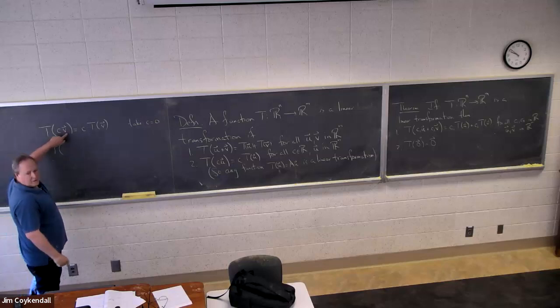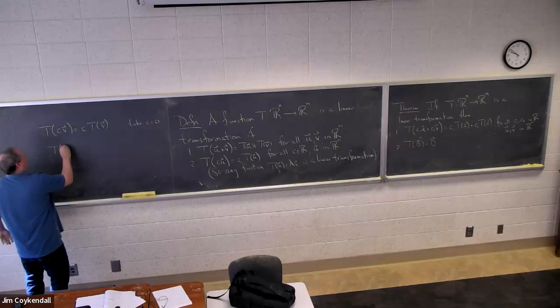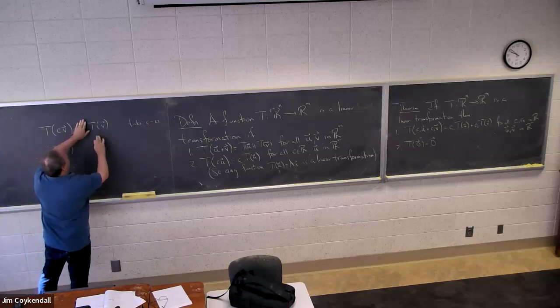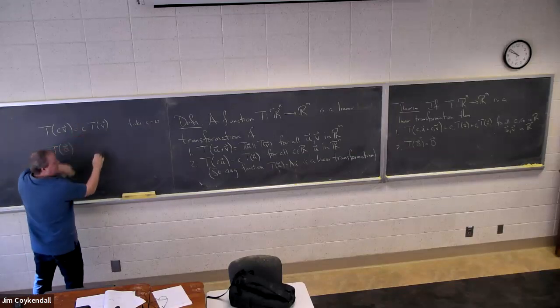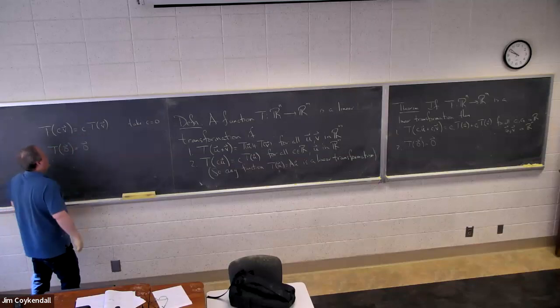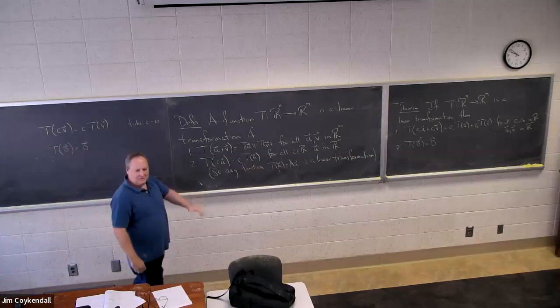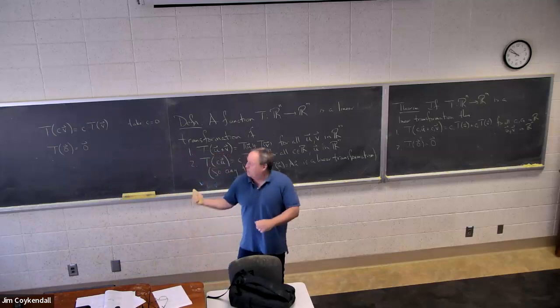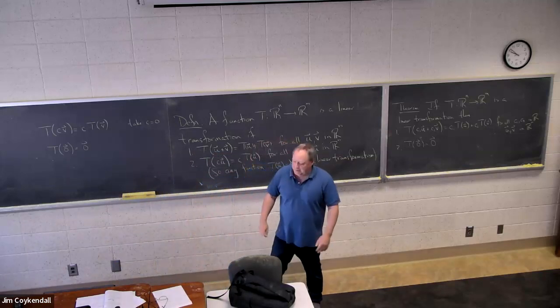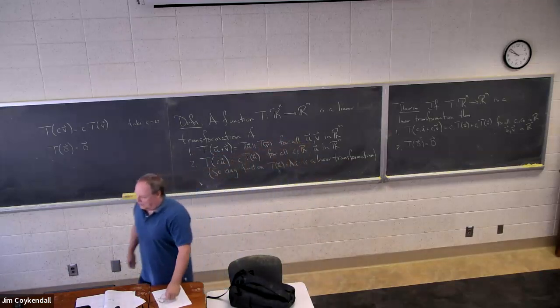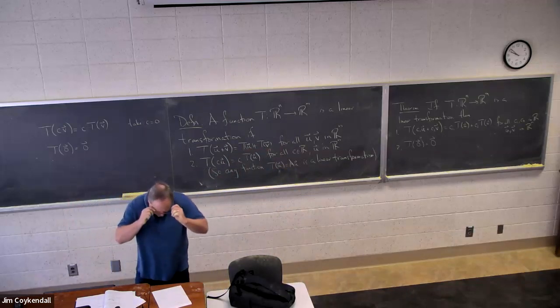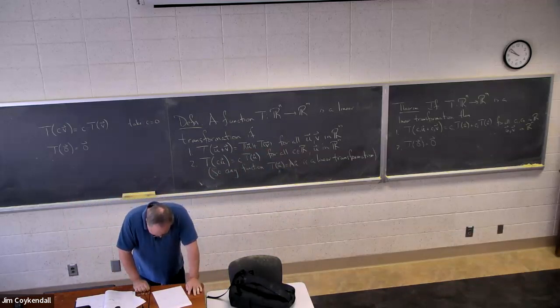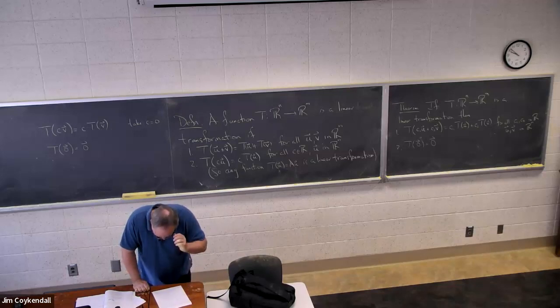If c is 0 here, what's 0 times any vector? It's the zero vector. And here, T(v) is a vector, and c times that vector is the zero vector. I almost feel dirty, like it's something naughty here, but that's really true. Because of that property, when you plug in the zero vector, you always get the zero vector. Okay. Any questions?